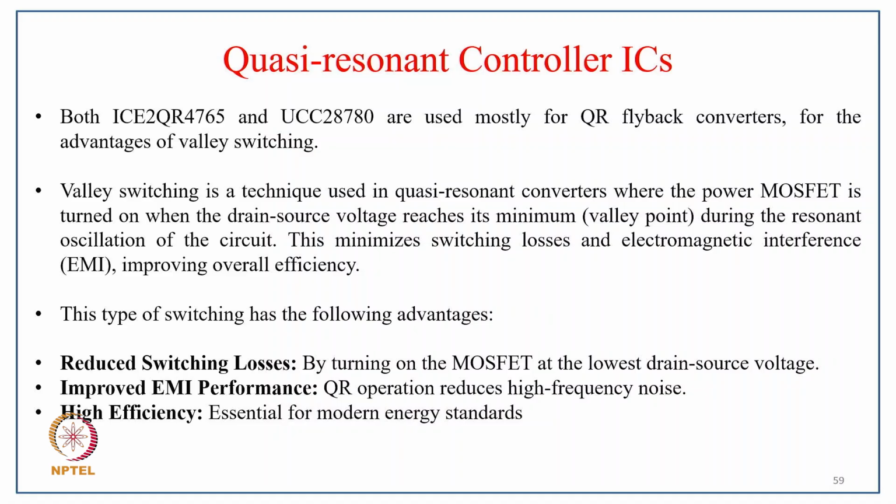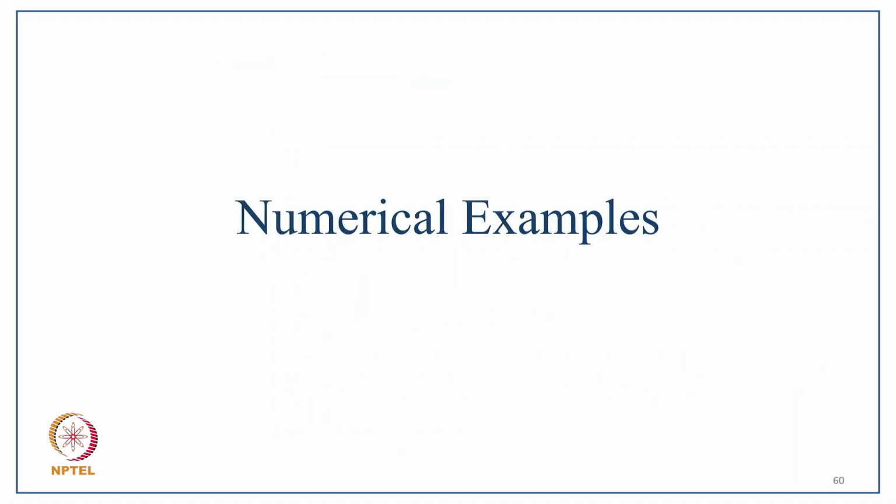This type of switching has the following advantages: reduced switching losses by turning on the MOSFET at the lowest drain-source voltage, and improved EMI performance. The quasi-resonant operation reduces high frequency noise, and gives high efficiency, essential for modern energy standards.